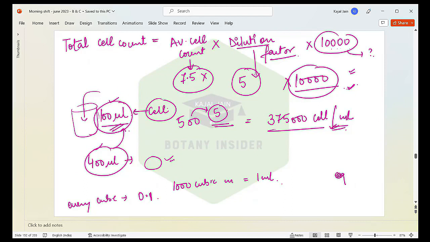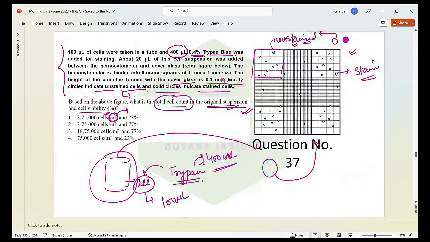When you write it down in the format, and look at the four options given to you, you can eliminate the third and fourth because you have reached one of the answers for the total cell count.